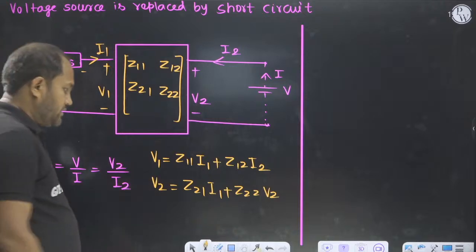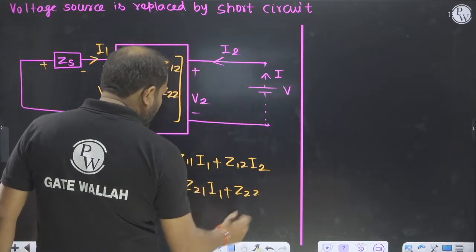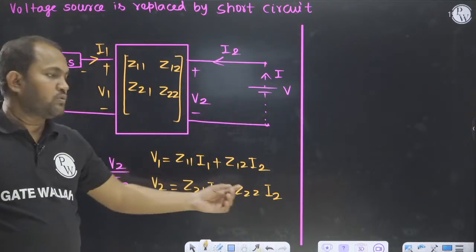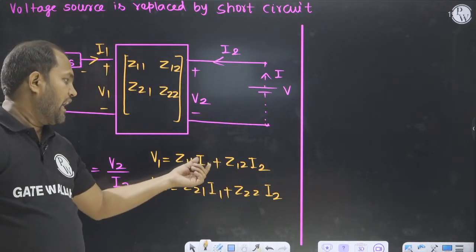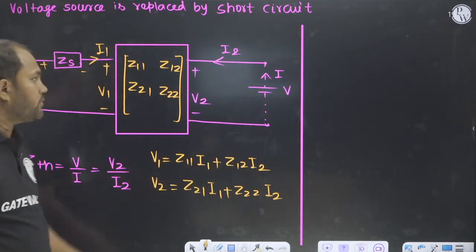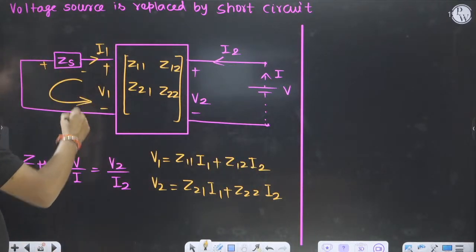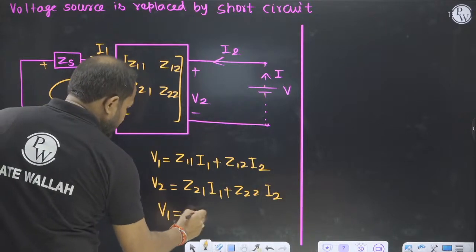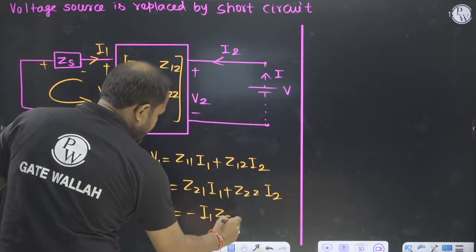For V2 by I2, I1 is the obstacle, so we need I1 in terms of I2. V1 is also an obstacle, so I will apply KVL here. KVL: V1 is equal to minus I1 into ZS.